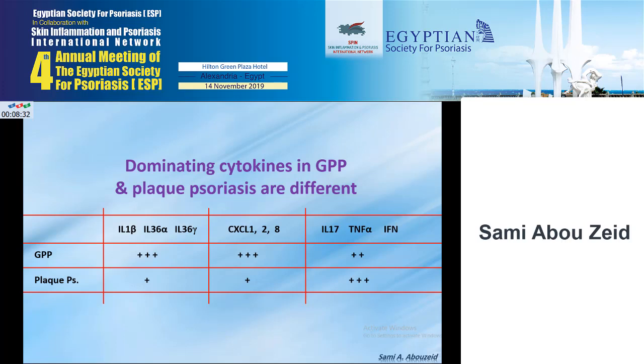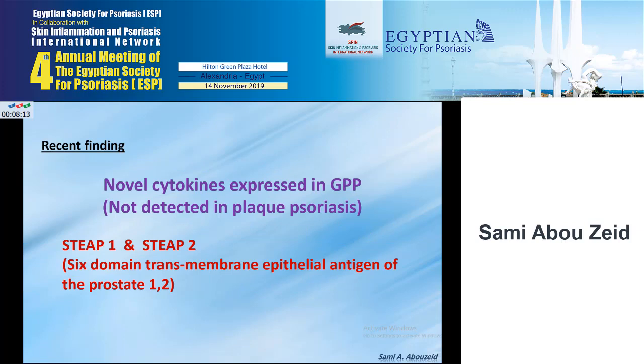On the other hand, interleukin-17, tumor necrosis factor alpha, and interferons are expressed in both conditions, but most likely more in generalized pustular psoriasis than in plaque psoriasis. This is a recent finding: novel cytokines expressed in generalized pustular psoriasis that are not detected in plaque psoriasis, the 6-domain transmembrane epithelial antigen of the prostate 1 and 2.